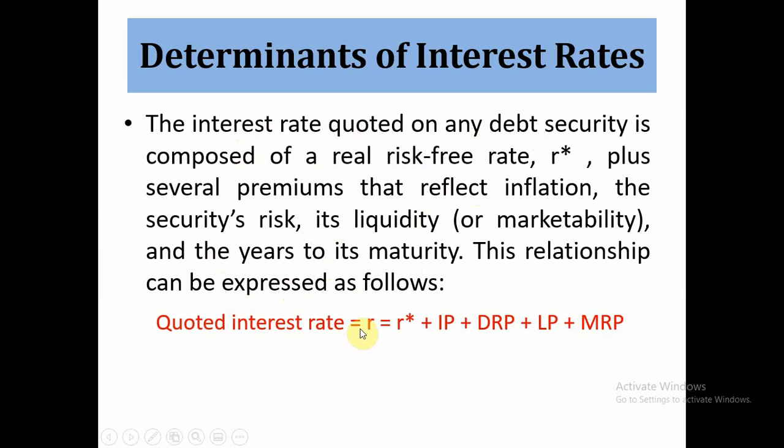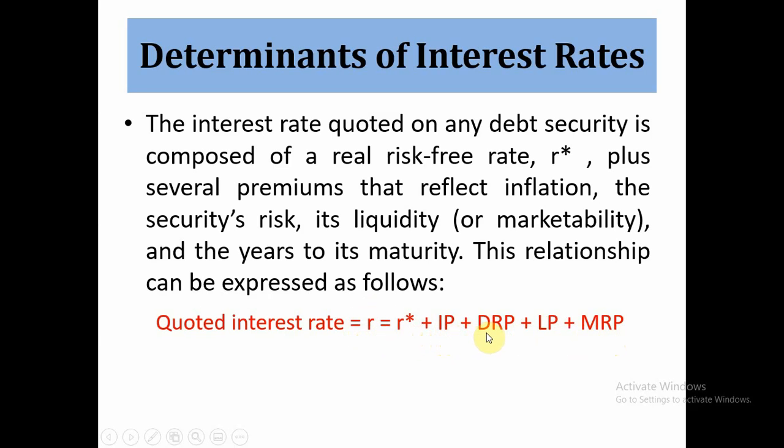Quoted interest rate r is equal to... r can also be denoted with i, but most book publishers and writers denote it r. So r is equal to r star plus IP plus DRP plus LP plus MRP. So these are the determinants of your interest rate. What is r star? We will explain in the next slide in great detail.